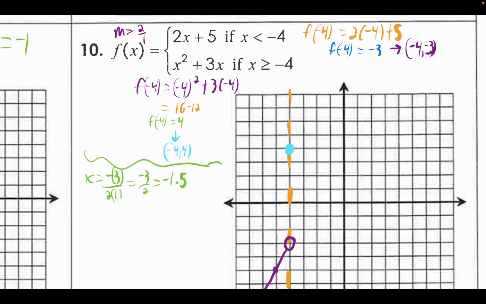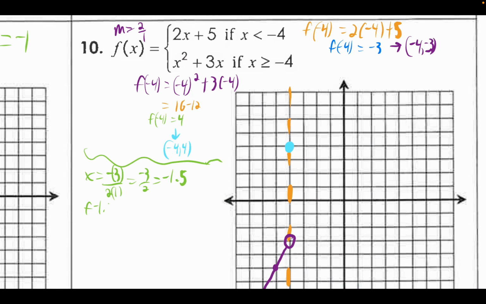If I plug that back in, I get f of -1.5, or -3 over 2, being -2.25. So I'm going to plot that ordered pair, -1.5, negative 2.25. It'd be approximately there.